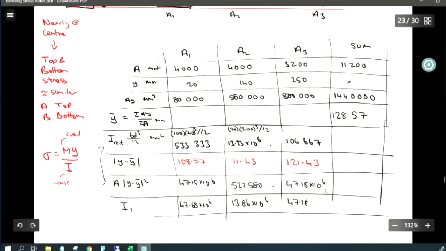And if we add those together, this one is again going to make almost no difference: 47.29 by 10 to the 6. So we can add all these three together at the bottom line, and we get 47.68 plus 13.86 plus 47.29, 108.83.